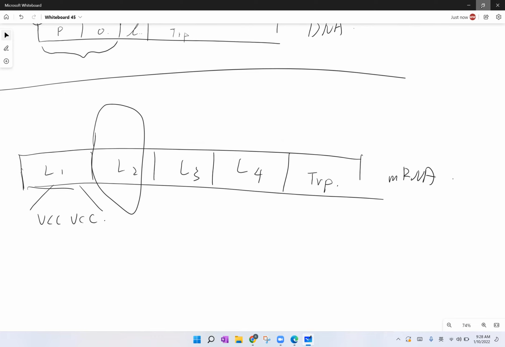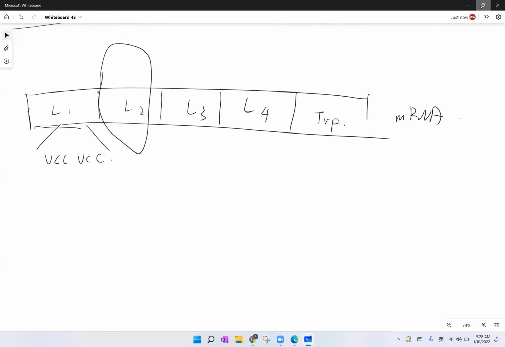If something is single-stranded, it's going to have mutation. That's one thing. But the second thing is it has the potential to form a complementary strand, okay?